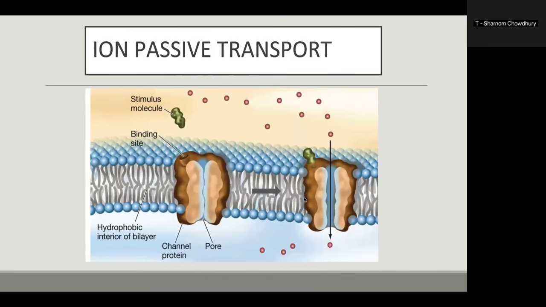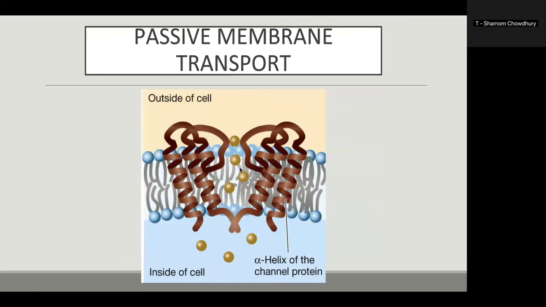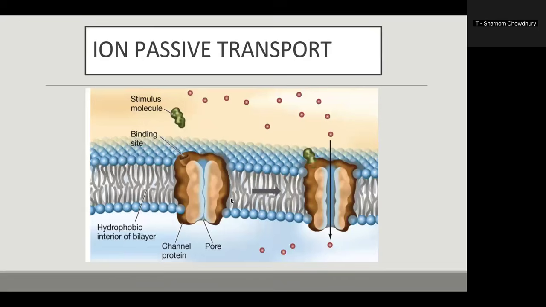So I guess this is a better picture. Here, outside is hydrophobic, inside is hydrophilic so that ions are able to go through. Hydrophilic is polar, so that's why the ions can pass. Yes. So the reason these ions can pass is because the inside of this transport protein is polar.